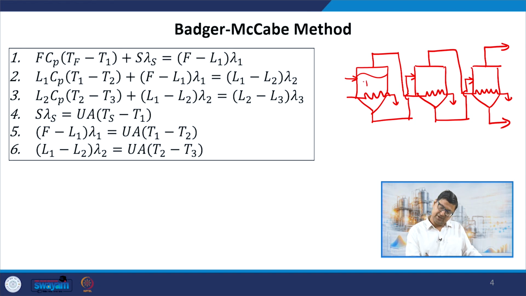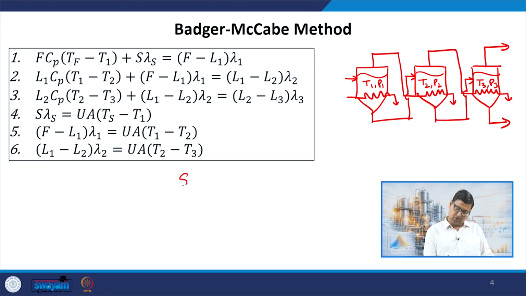So we have T1 P1, T2 P2, T3 P3, and the temperatures and pressures are decreasing along the effects, right? The choice of variables that we have taken as unknowns are S, T1, T2, L1, L2, and A.